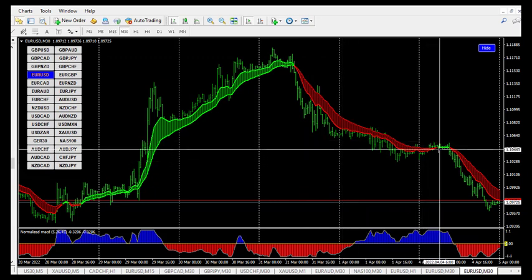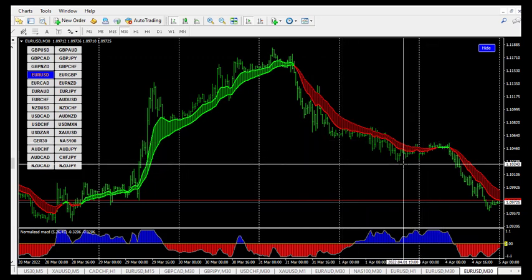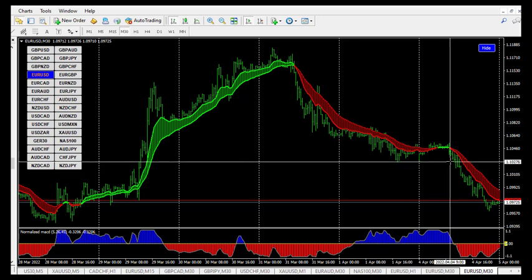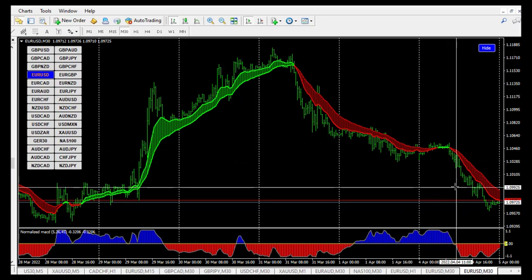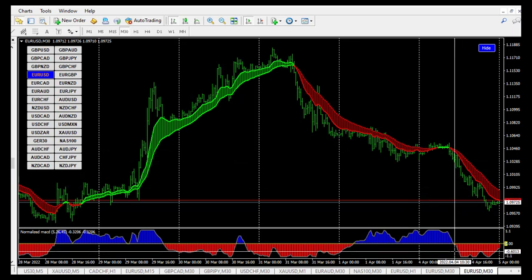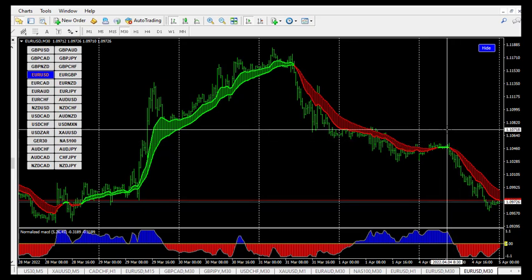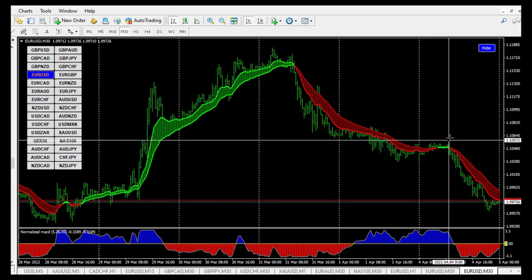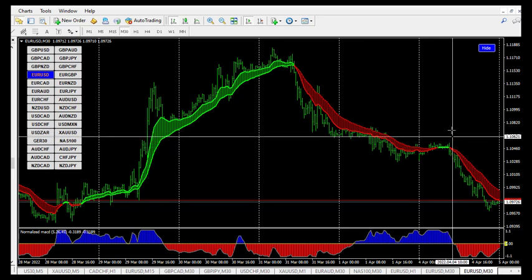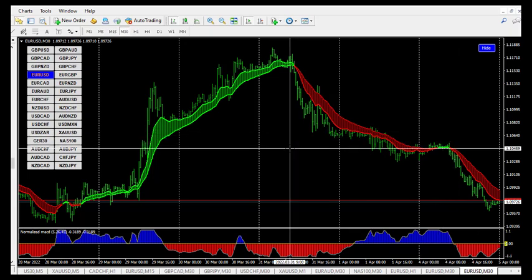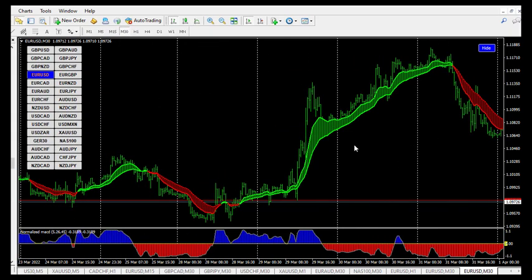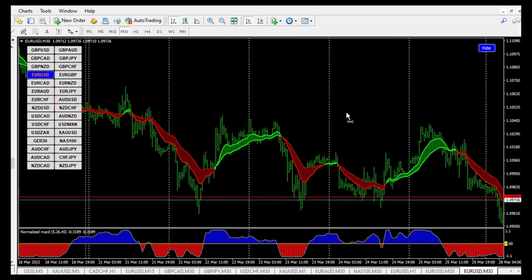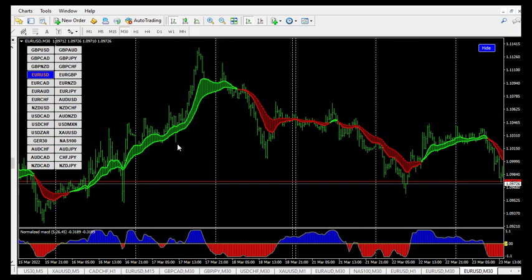Here for a buy, a few pips below this point, and at this point for a sell, this actually turned red, this is red, then your stop loss is going to be a few pips above this level. So if you check back, it's actually okay.